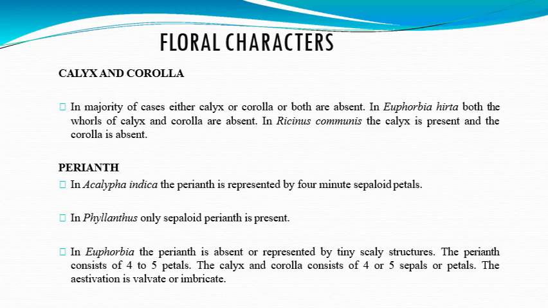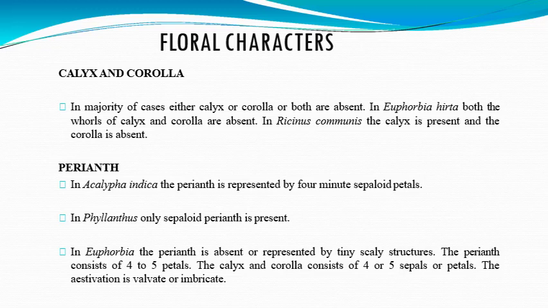Similarly, in Phyllanthus, only sepaloid perianth is present, and in Euphorbia, the perianth is absent or represented by tiny scaly structures. So in this case, the perianth consists of only 4 to 5 petals, or the calyx and the corolla consist of 4 or 5 sepals or petals.